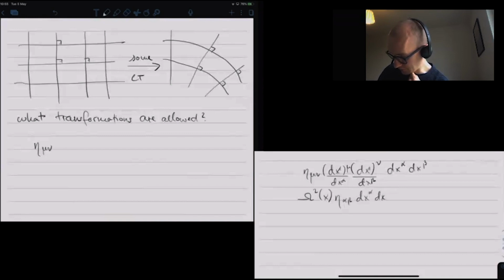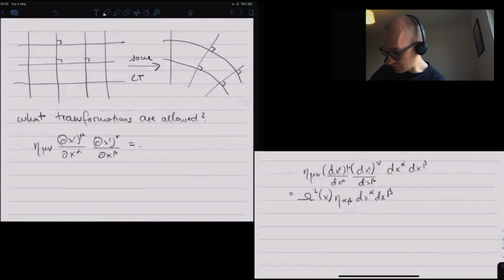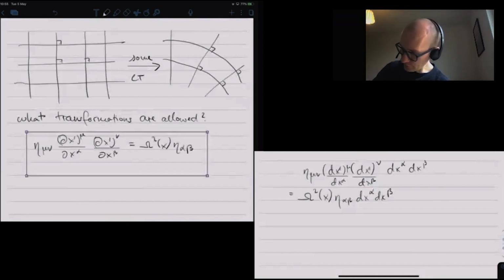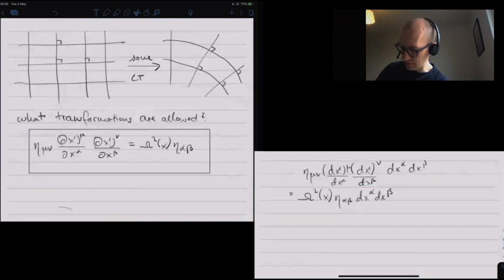Now if we equate the coefficients of dx alpha dx beta on both sides, we find the equation eta mu nu, dx primed mu over dx alpha, dx primed nu over dx beta, should be equal to omega squared of x times eta alpha beta. So that's our defining equation of a conformal transformation, and that's the one that we will work with.